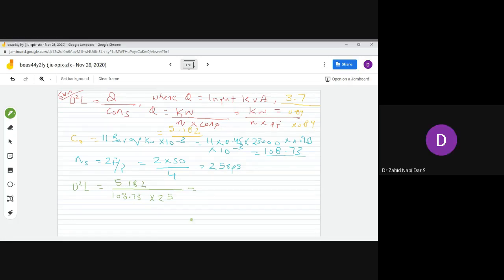Yeah, 1.93 into 10 power minus 3 meter cube. Okay.